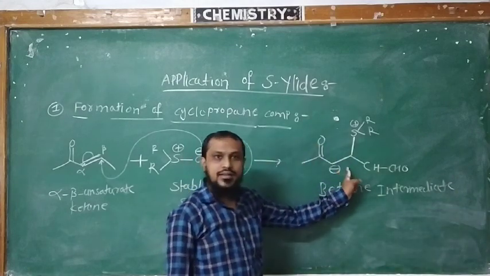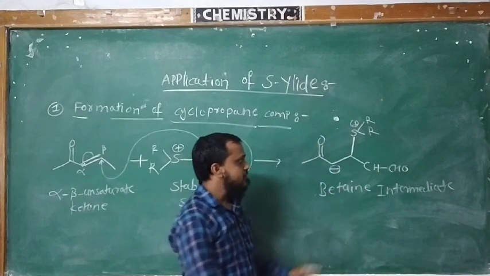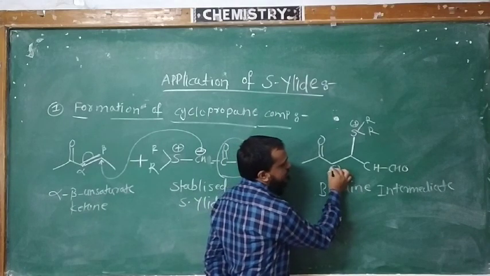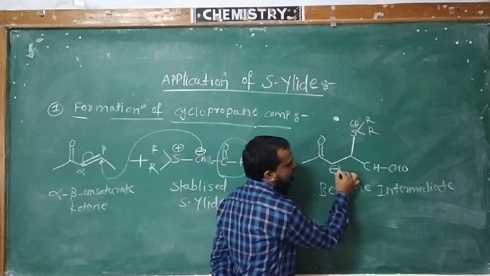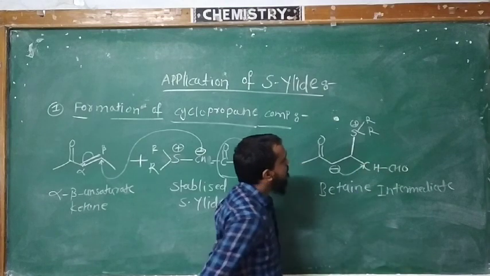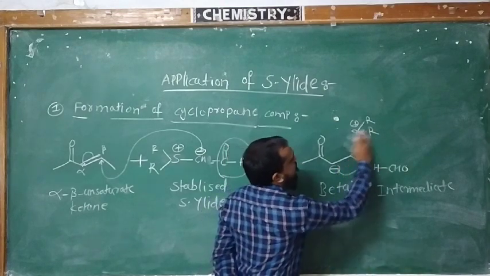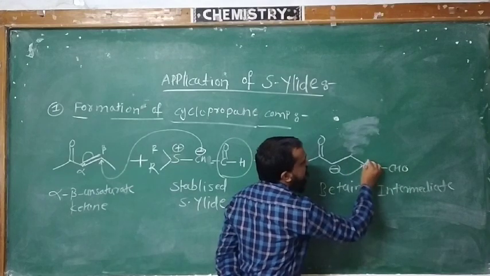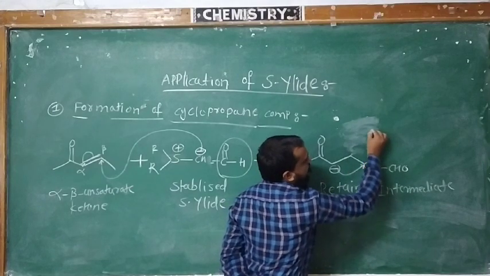After the formation of the beta intermediate, it undergoes a ring closure reaction. This negative charge of the carbon attacks this carbon atom. Sorry, the sulfur is bonded with this carbon atom.